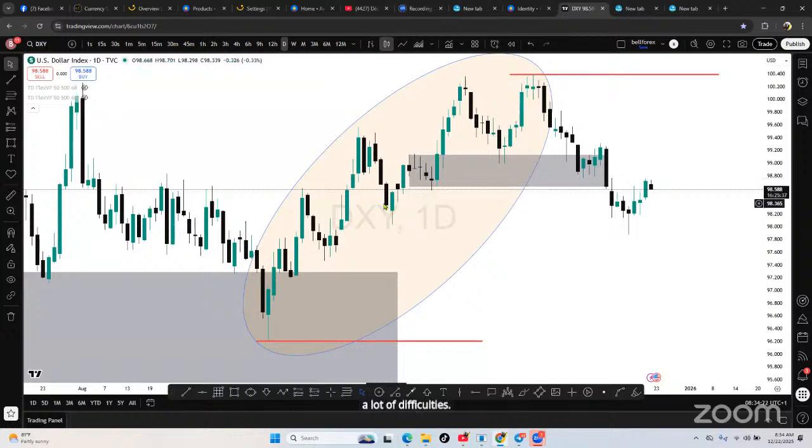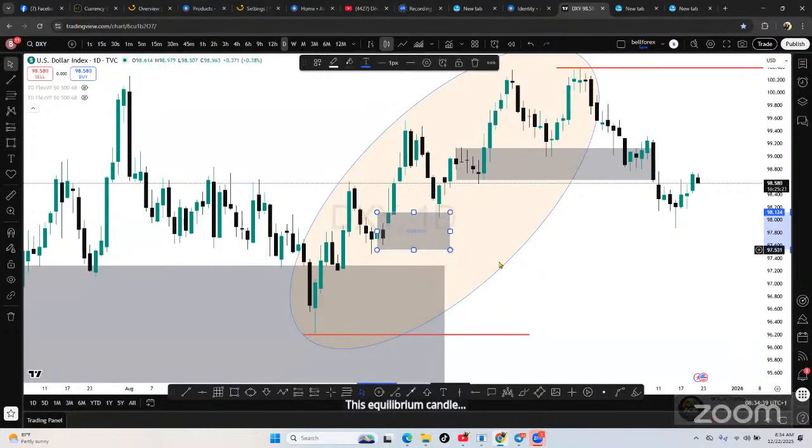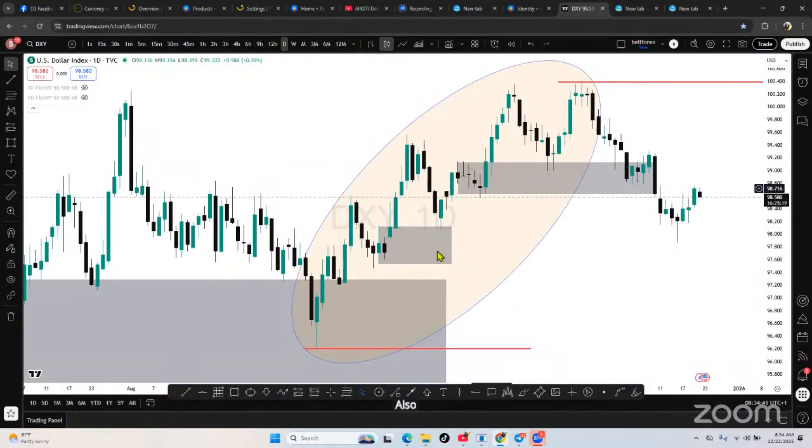Then, looking further, the next point of interest that I could see was an indecision candle that got formed to create a base. This indecision candle or equilibrium candle took place right here. Also, we need to know that this particular price level here was a key player in this particular view.